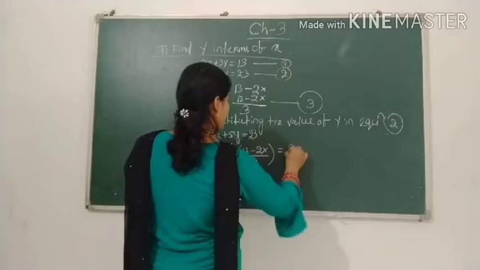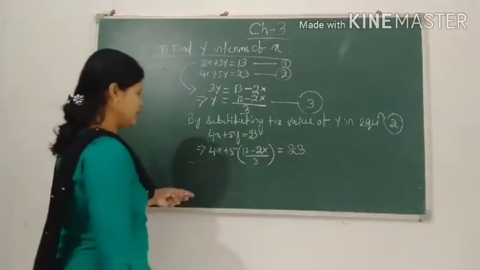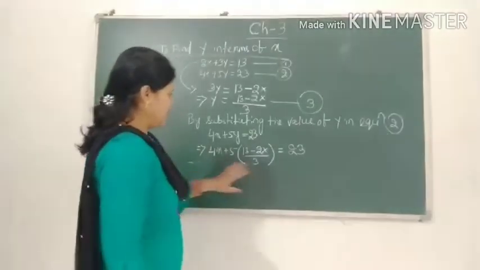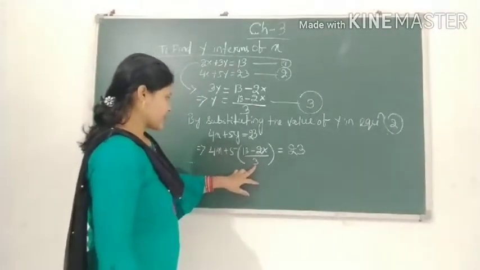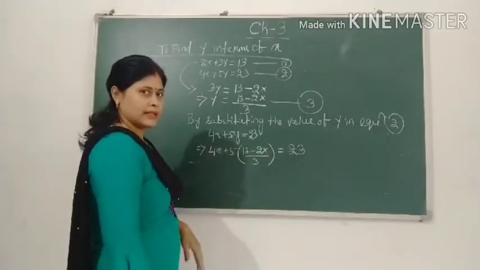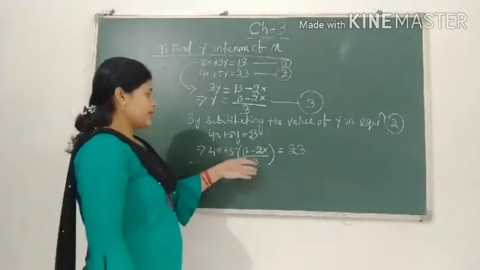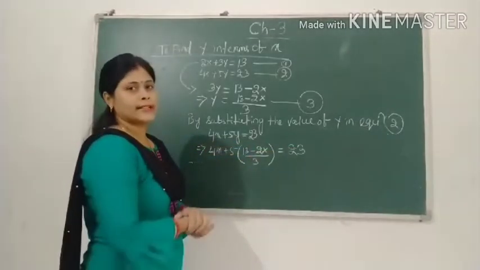Generally students make a mistake here. They take the 3 directly to the other side.